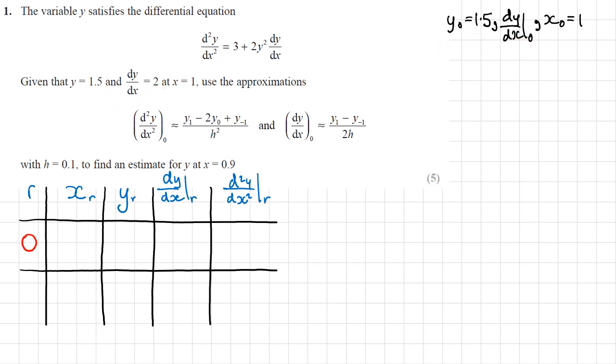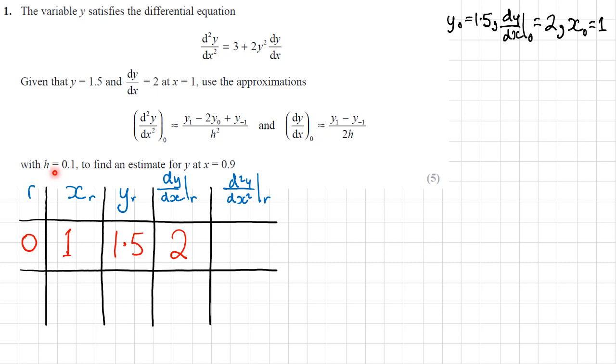So x sub 0 is going to be 1, y sub 0 is 1.5, and dy dx initially is going to be 2. I'm not sure why I didn't write that down, so I'll put a little 2 next to that. Yeah, so those initial values can go straight into the table.